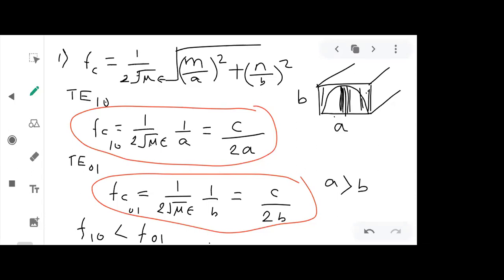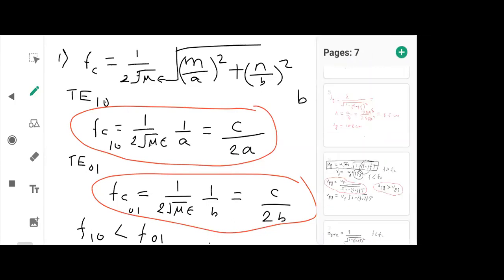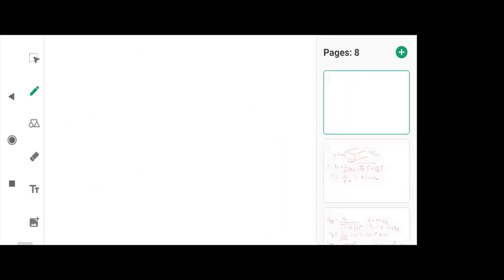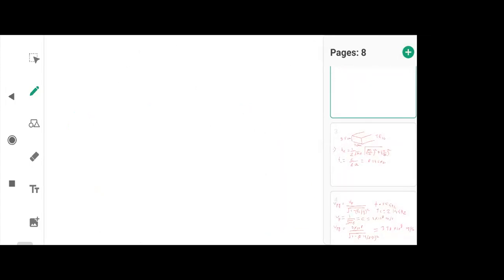Another is the last term, evanescent mode. I will write it here. So it is evanescent mode.